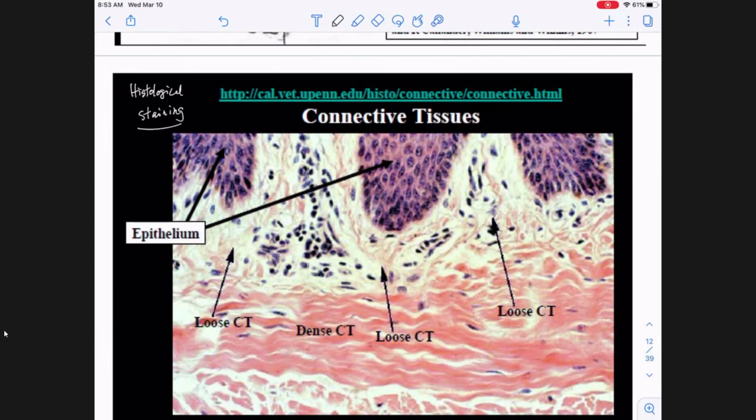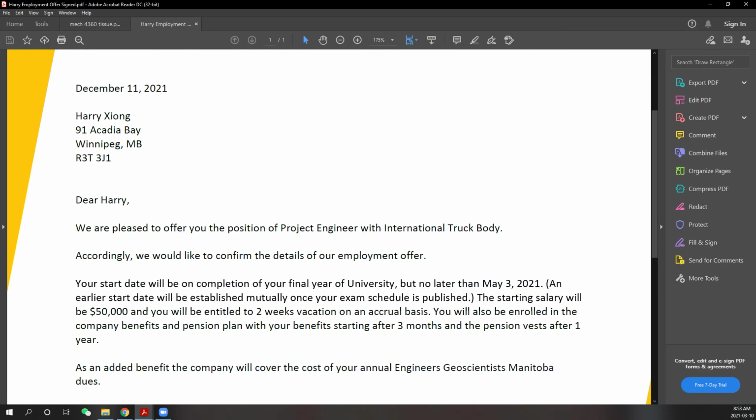So you will see here's a connective tissue like this one. This one, typically outside, is epithelium, on top of the surface. Then we have loose connective tissue, like this one, the broad, thick ones, that's the elastic fiber.